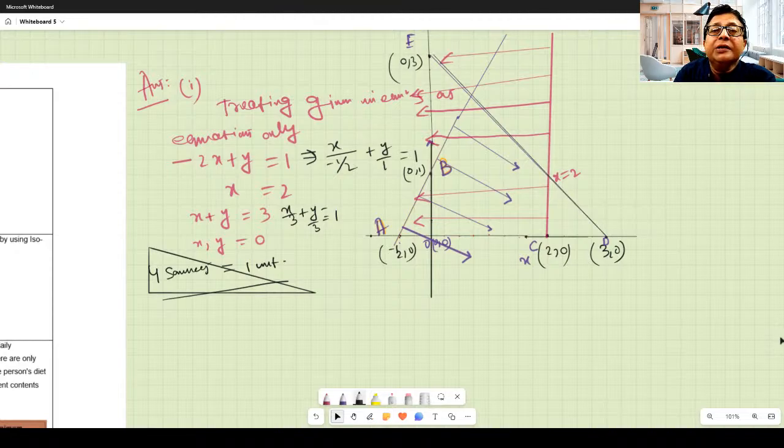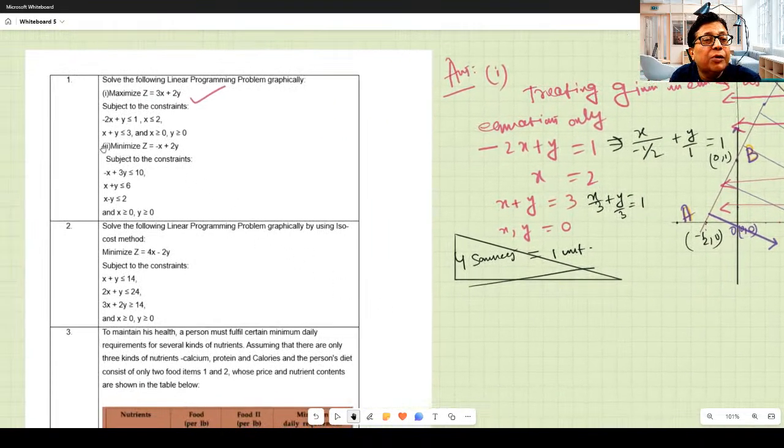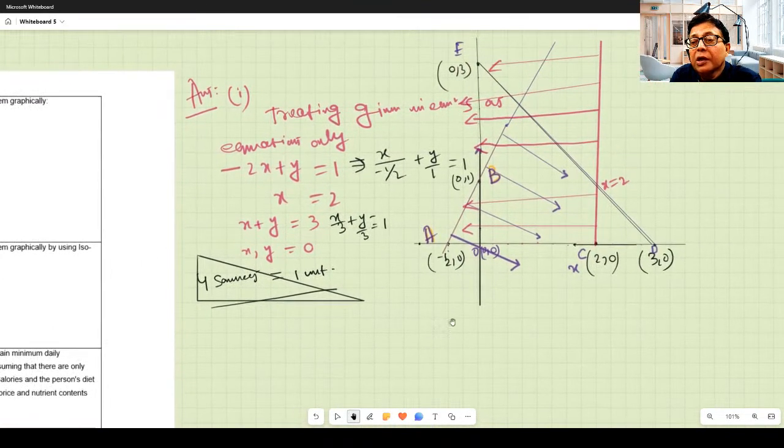So what will be the direction? I mean, not direction. I want to say what will be the region. The original question was all less than or equal to. Have you seen that? Now this line is x plus y equal to 3. If you take x 0, y 0 here, 0 plus 0 is less than 3.